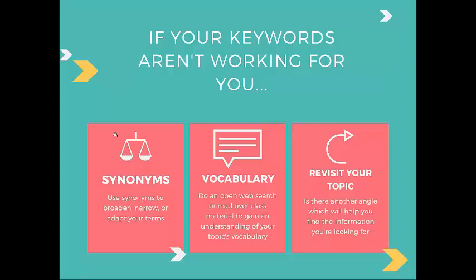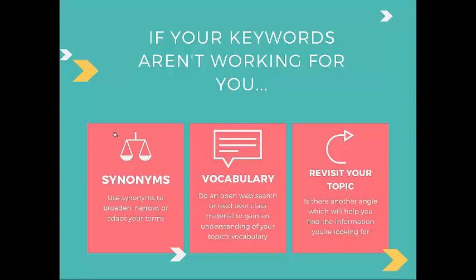However, one of them may be more general, used by a more general audience, while one is more specific. Feline is usually used by more of a scientific audience. So think about these words that mean the same thing, but how it can change the meaning of your search.